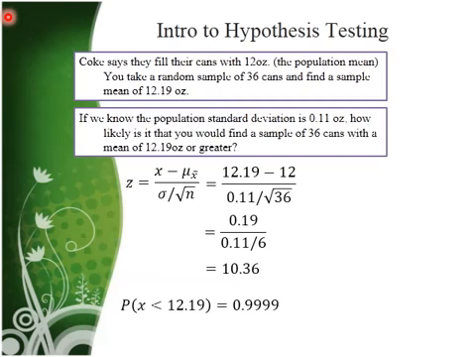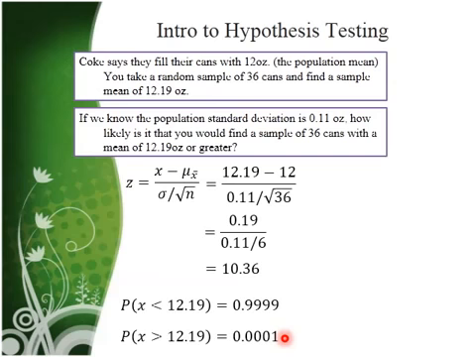Which in turn means that if I'm answering the question, the probability that my mean was greater than 12.19, 1 minus 0.9999 is 0.0001. In other words, it was very unlikely that I got a sample mean of 12.19 or greater.